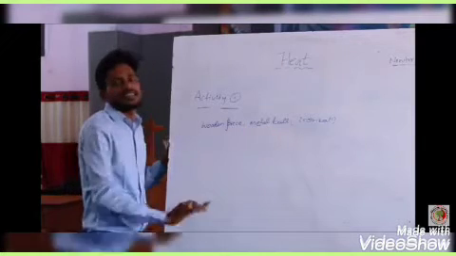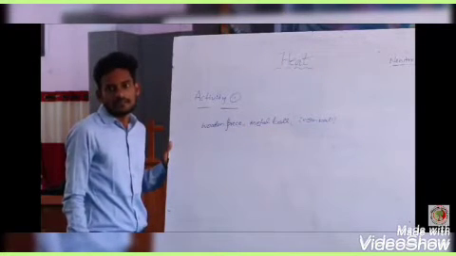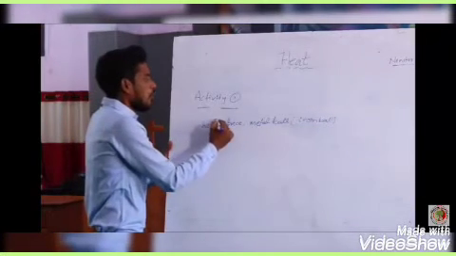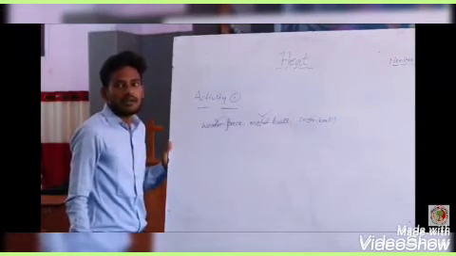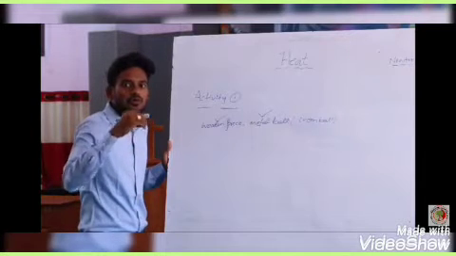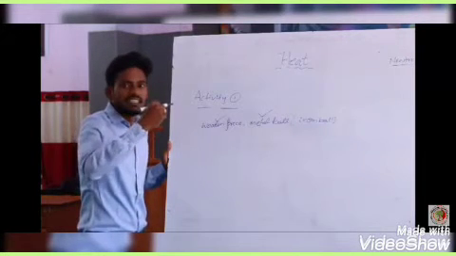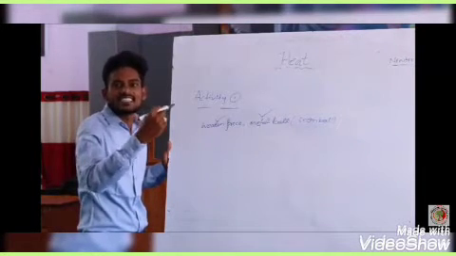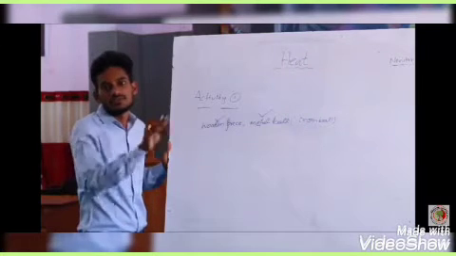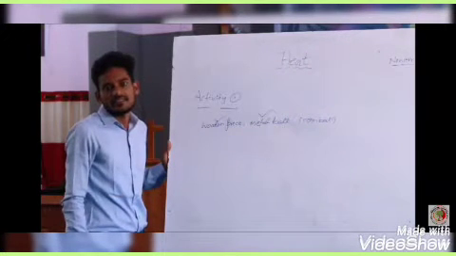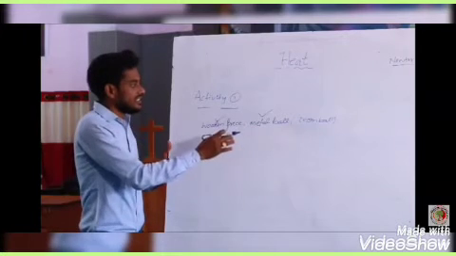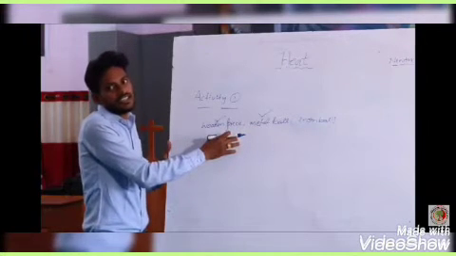Actually, what happens in the fridge? Both the wooden piece and the metallic ball, like the iron ball, lose their heat energy to the refrigerator. That's why they attain a cold state.